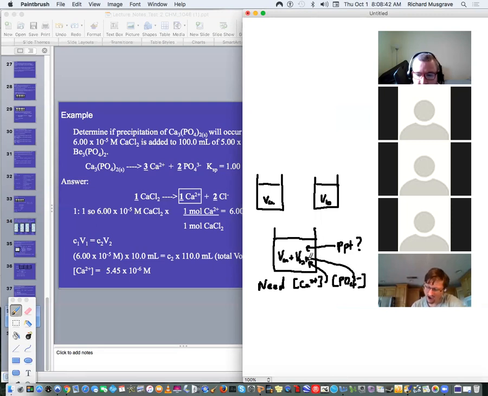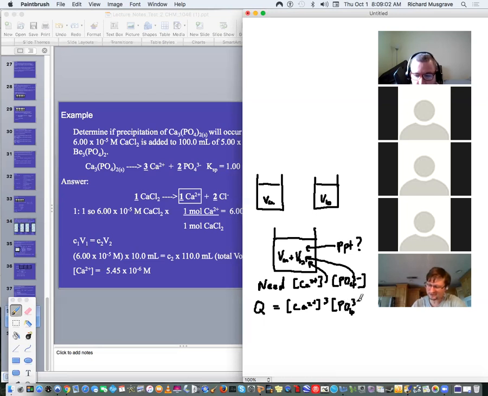in this final solution. Because then what we can do is we can calculate a Q value, which is going to be Ca2+ cubed, phosphate squared.